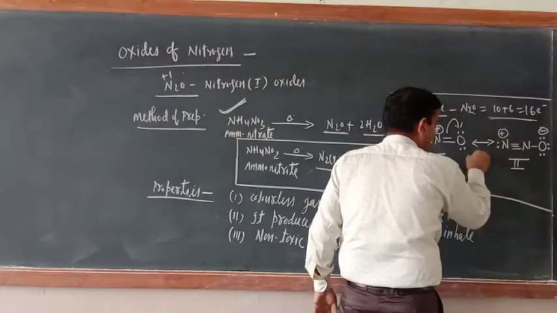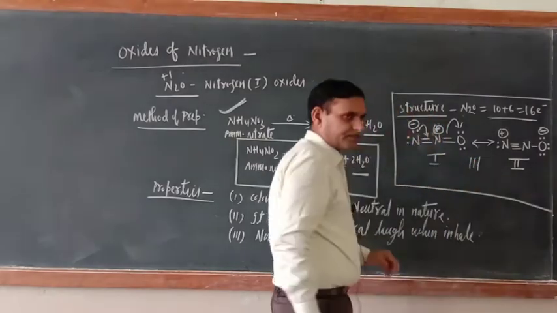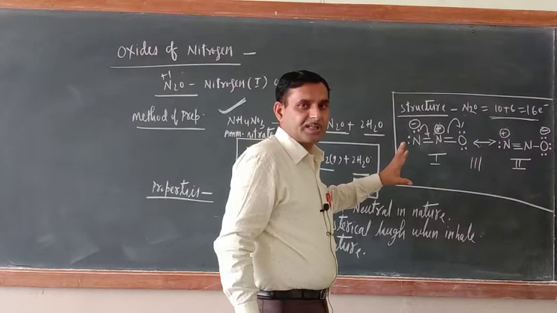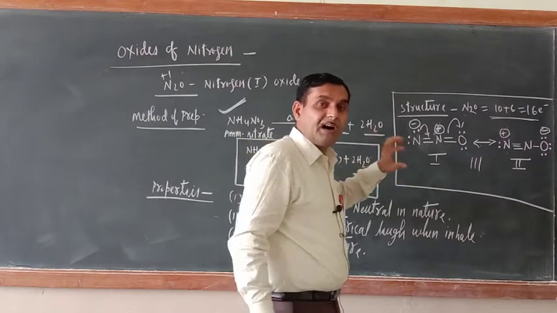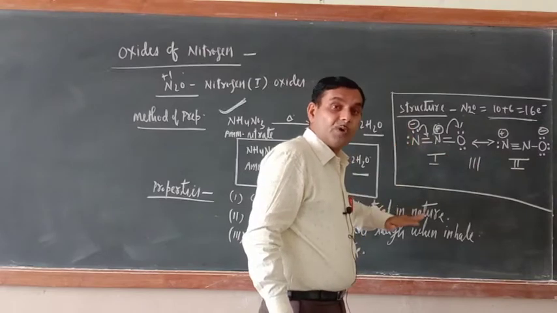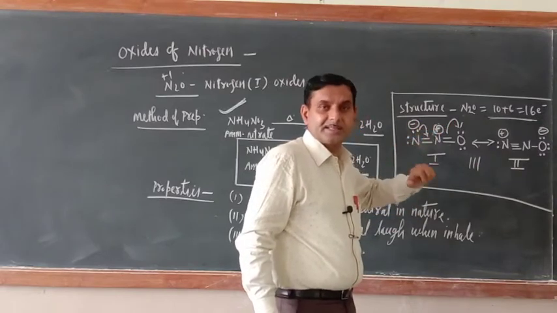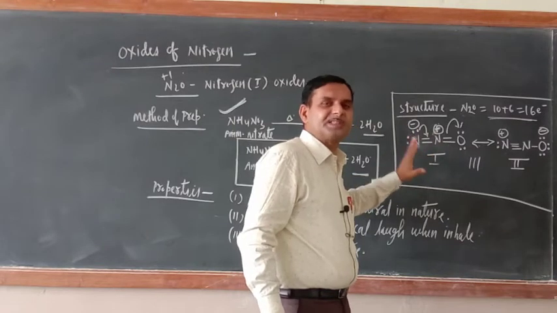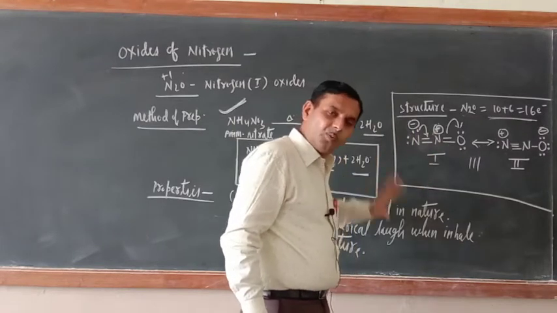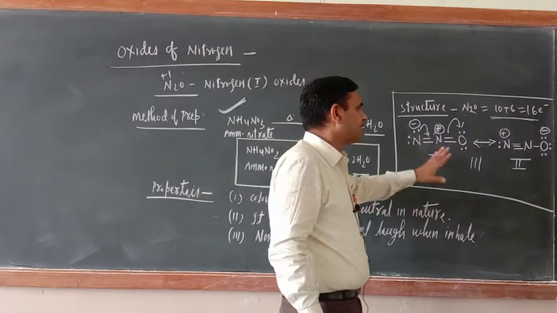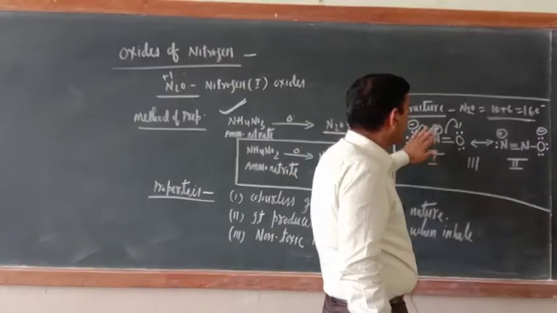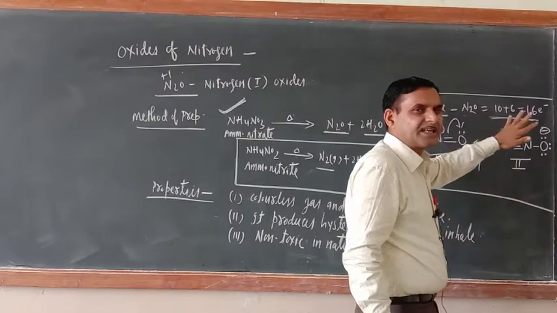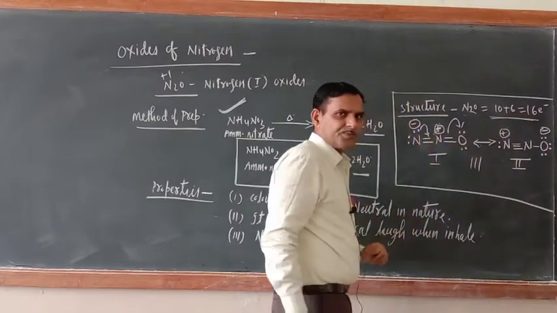Now what is the resonance hybrid? As you know, in resonance there is a shifting of electrons from one place to another, but the overall total number of electrons should be the same. So if you count the total number of electrons in these two structures, it will be 16 electrons only.